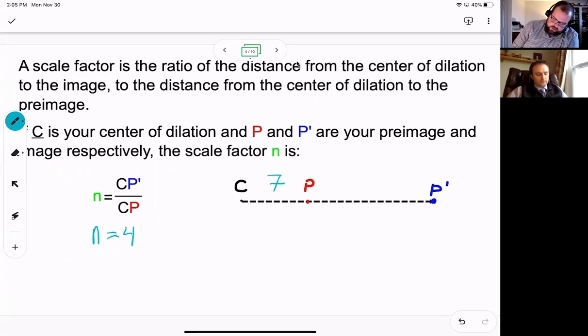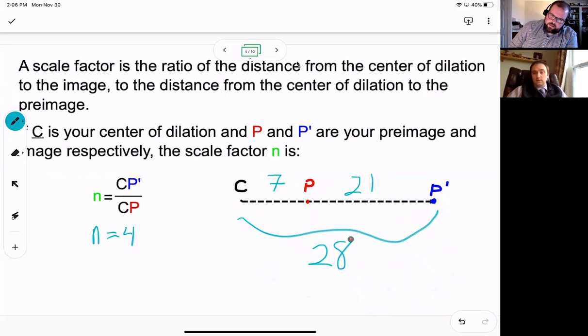It's the length of the new thing from that center of dilation to the new point that would have to be 4 times 7, not the extra length that we're adding on there. So if they told us the scale factor was 4, or n was 4, and they said that this was 21, we could verify that this is true by saying 7 times 4 is 28, which is that whole distance, 28.